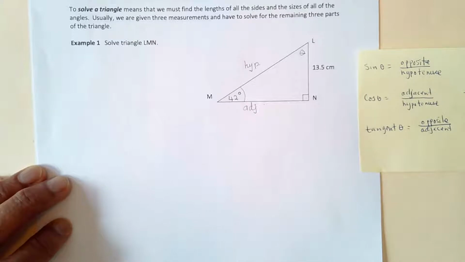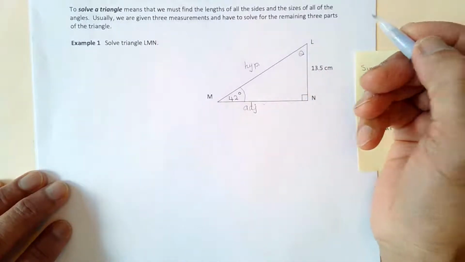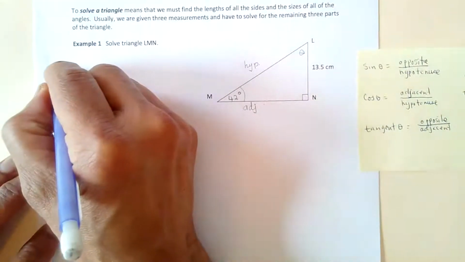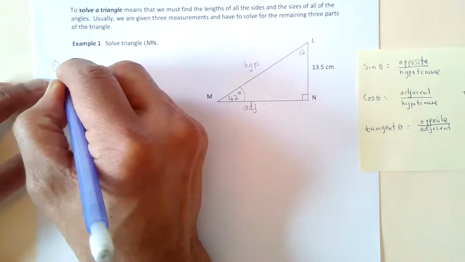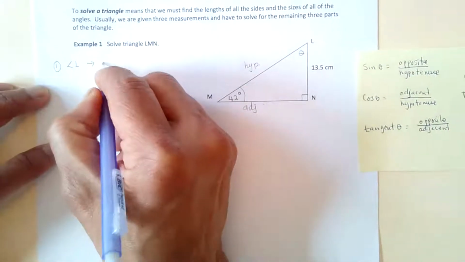So we can find this missing angle L by using the 180 rule because we know two angles. And so number one, to find angle L, we use the 180 rule.